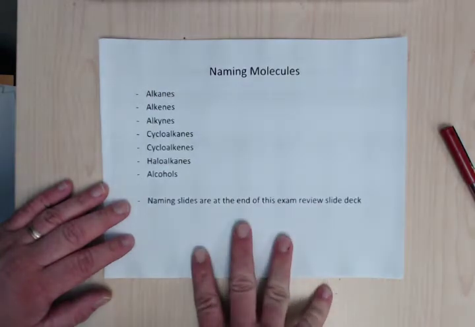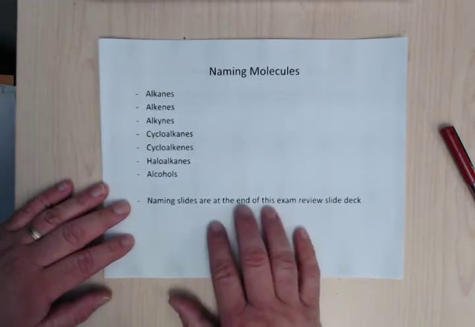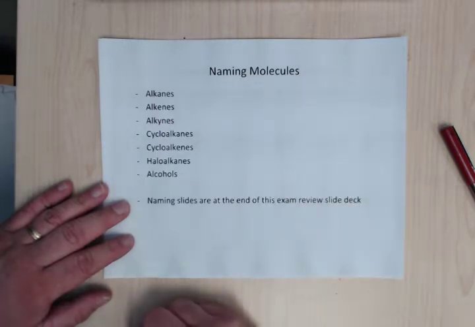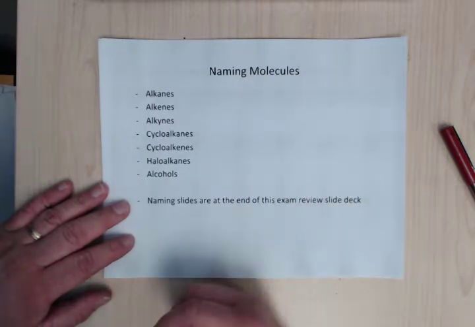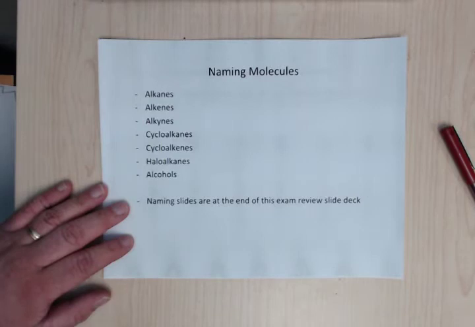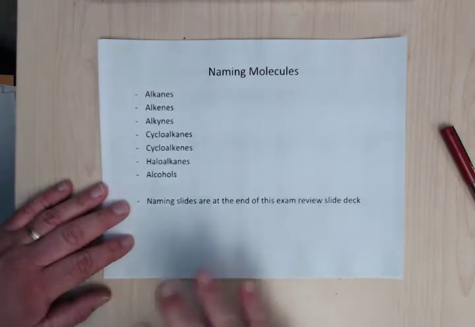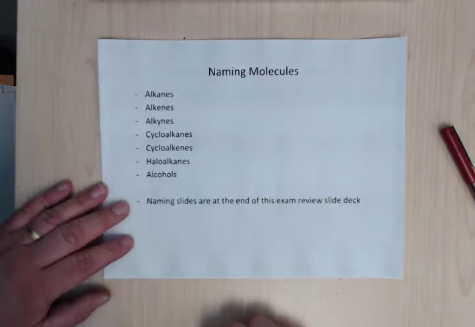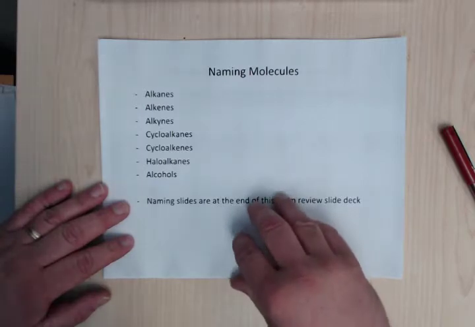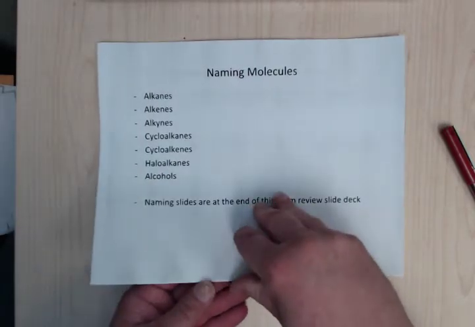At the end of the slide deck, you can also check out the chapter 3 review slides for that. Otherwise, this review is going to take hours. Do look over these.